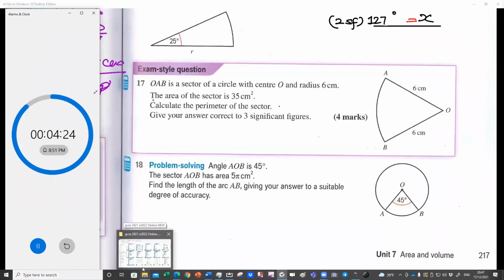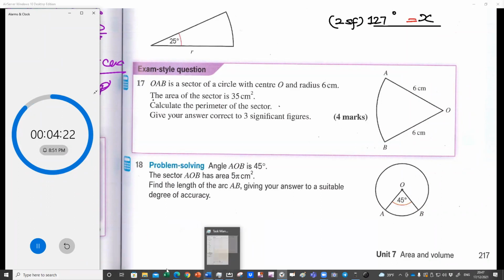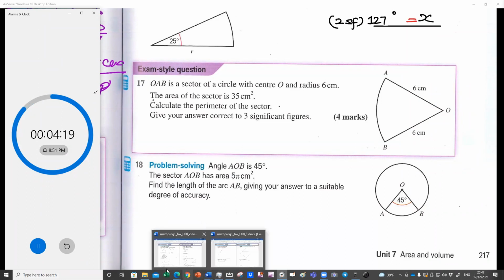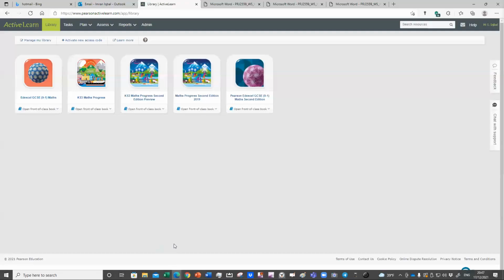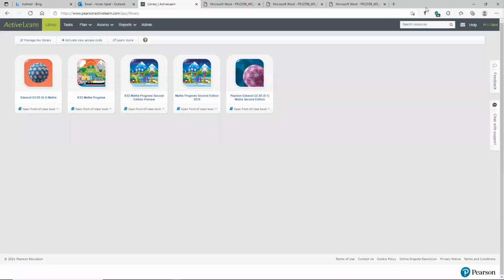I don't need to, do I need to go into that? Give me a second while I just move this to one side over here.